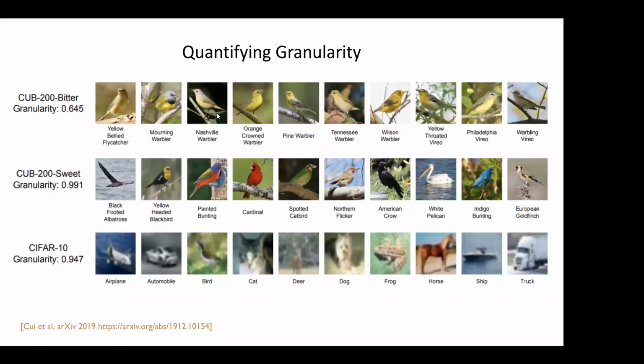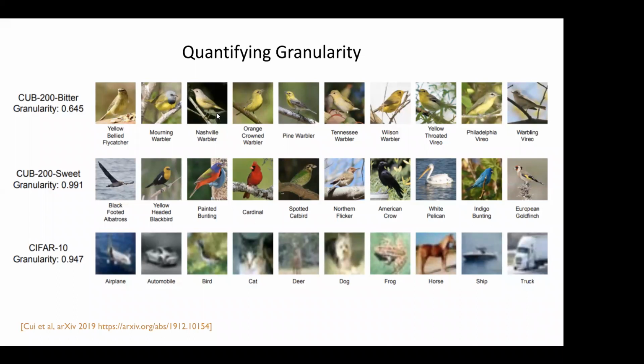So what we did in this study was take different subsets of birds from the CUB 200 data set just to make a point. This is just a qualitative illustration. It's a quantitative illustration, but it's hand-picked examples. So what Yin did was he created two subsets, a bitter subset, bitter meaning hard, difficult, needing lots of domain expertise, and a sweet subset, which is shown in the second row.